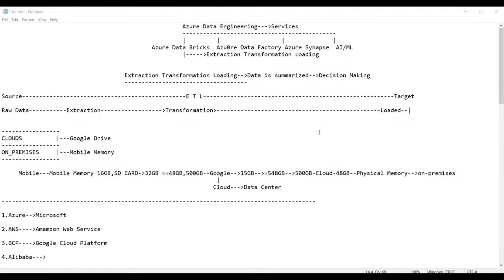But it is asking for a credit card number. Yeah, credit card, obviously. That is for the free subscription. It will charge some 2 rupees from the credit card, and this free subscription will be valid for 30 days. After that, you have to go for the pay as you go model, which is based on your usage only.